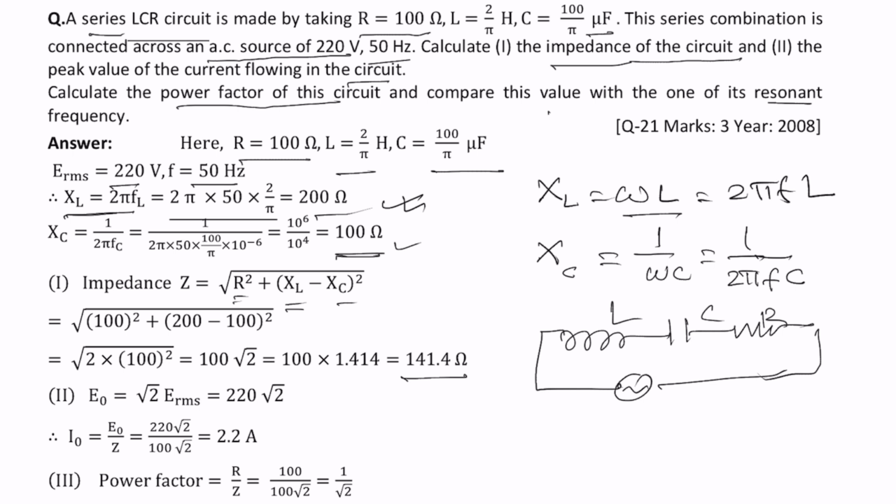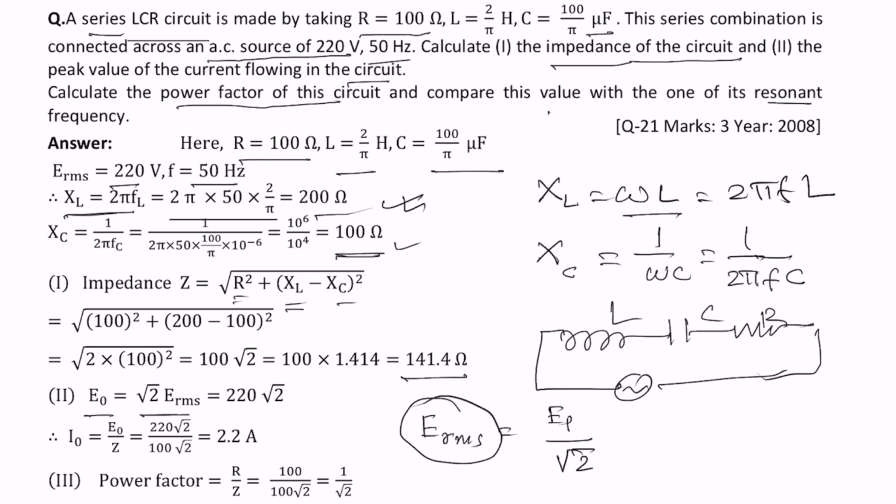What is the relation between the root mean square EMF and the peak EMF? The root mean square value of EMF is the peak value of EMF divided by root 2. This we will derive in the next question. So the peak value of EMF is root 2 times the RMS EMF, correct?